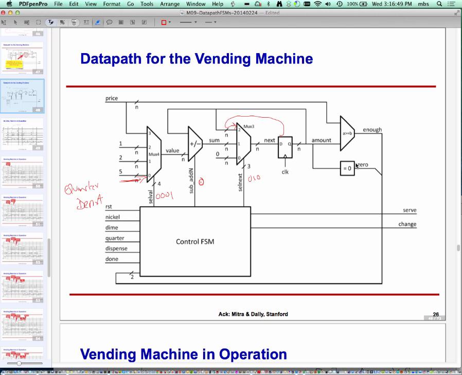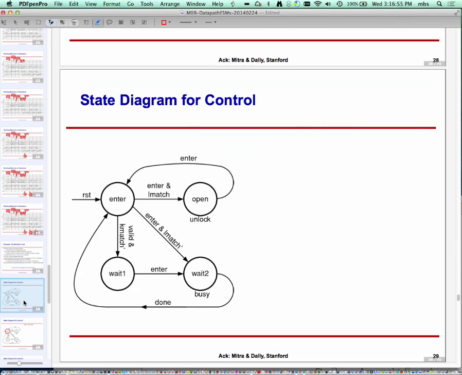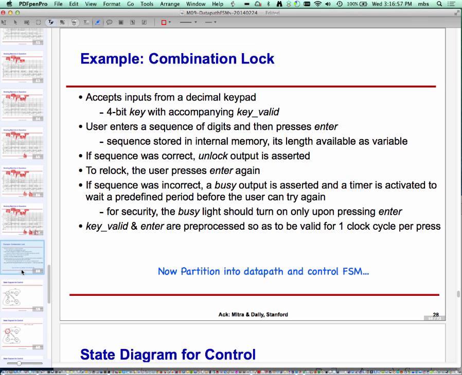Okay, so let's look at another example, and it's a combinational logic. The project obviously is similar in flavor. So what I have is a decimal keypad. This keypad is different from the one which I have given in the design assignment.